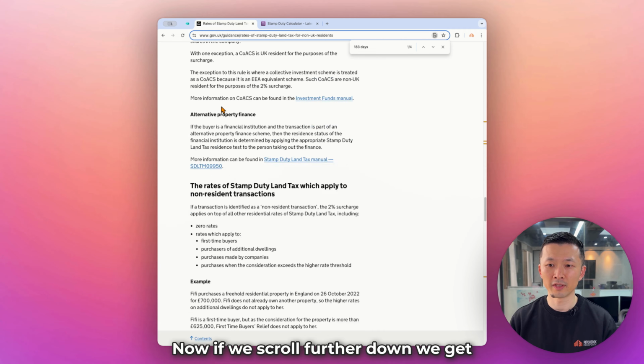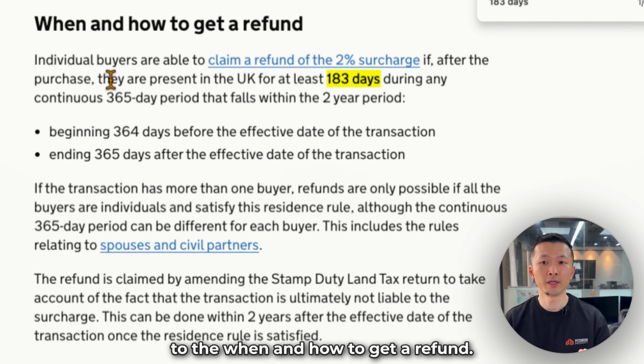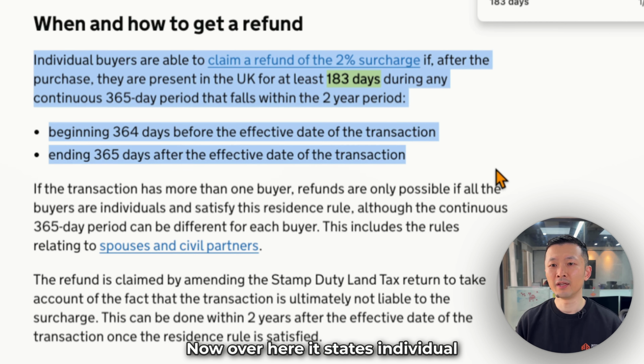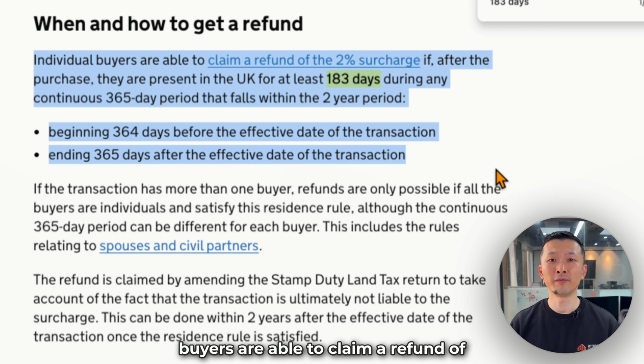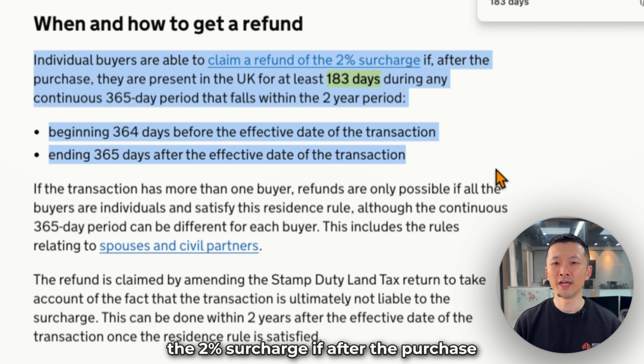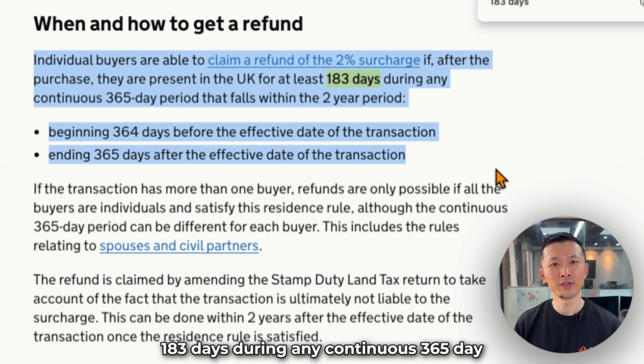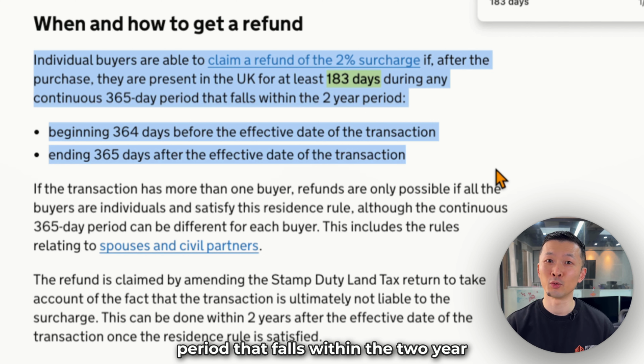Now, if we scroll further down, we get to the when and how to get a refund. Now, over here, it states individual buyers are able to claim a refund of the 2% surcharge if after the purchase they are present in the UK for at least 183 days during any continuous 365-day period that falls within the 2-year period.